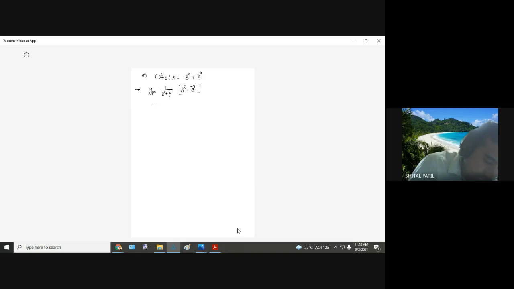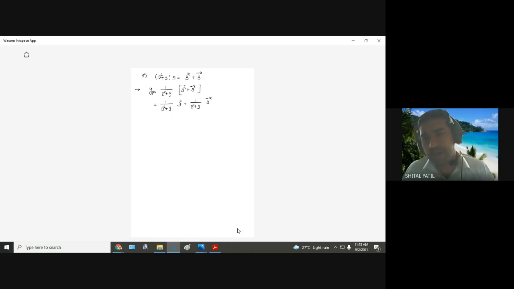You understand the linearity property, right? So I am using the linearity property of the operator. Operator is linear, which means I can operate 1 upon d square plus 9 on 3 raised to x and 3 raised to minus x separately, and then I can add the answers.